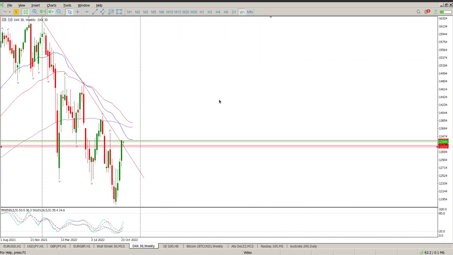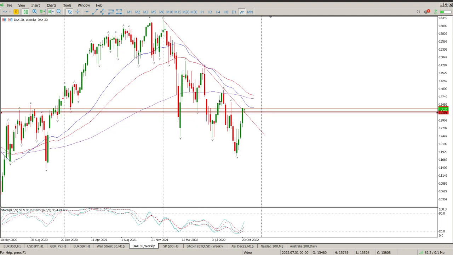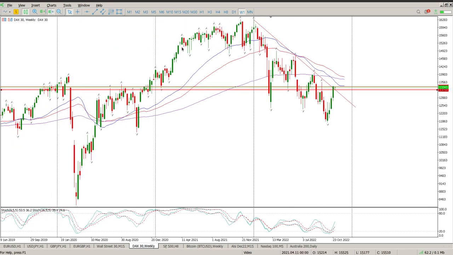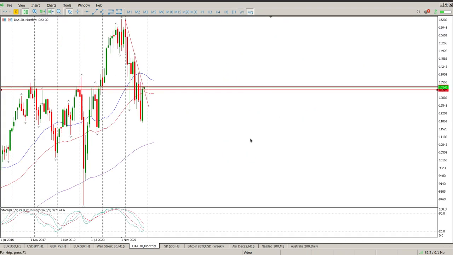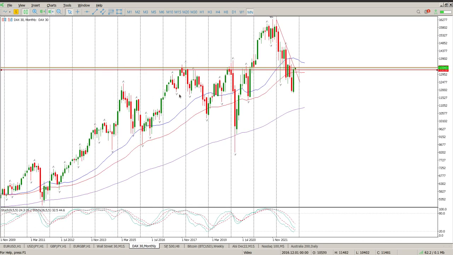And the big question on everybody's mind at the moment is, is this enough? Have we had enough of a pullback in the market? And the DAX is a different animal. You can see we've been quite volatile since 2015. You can see it all over the place, and then it's one-way traffic.